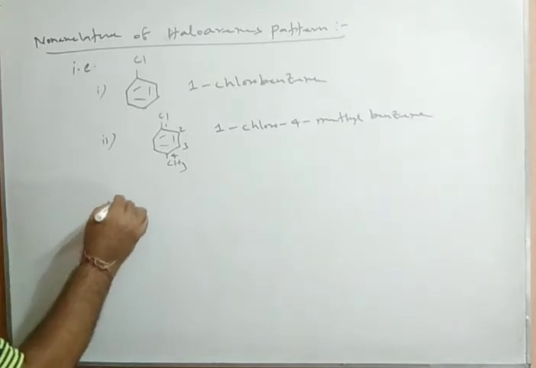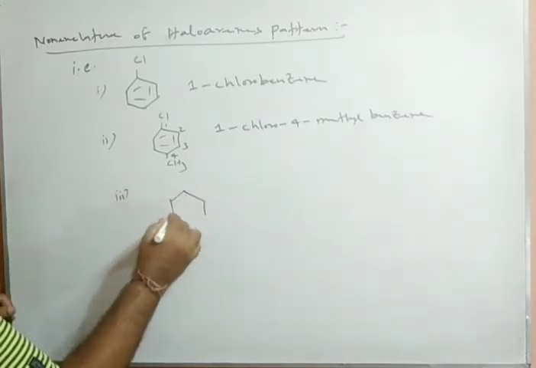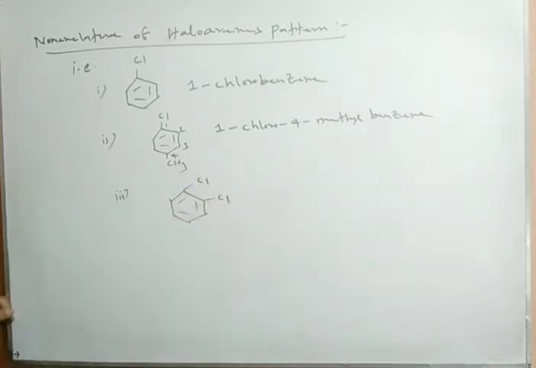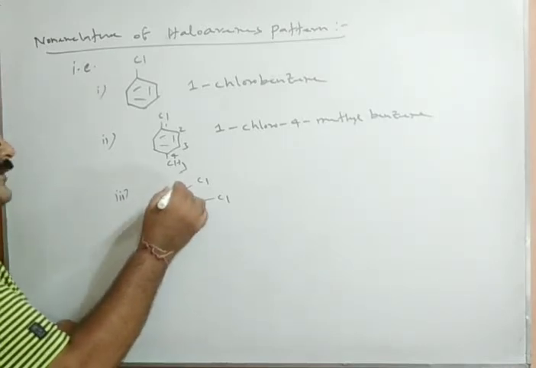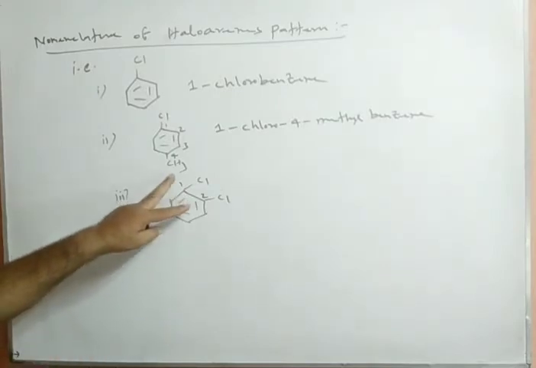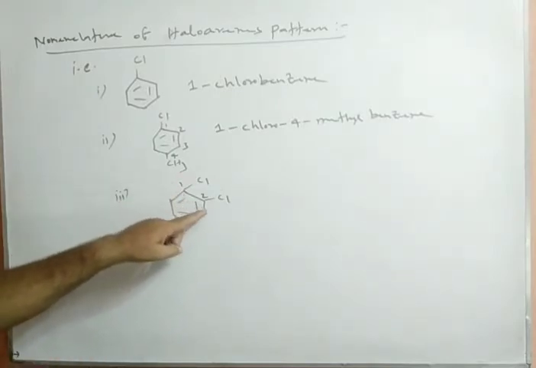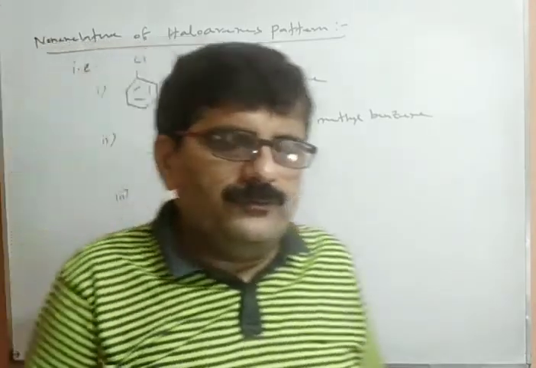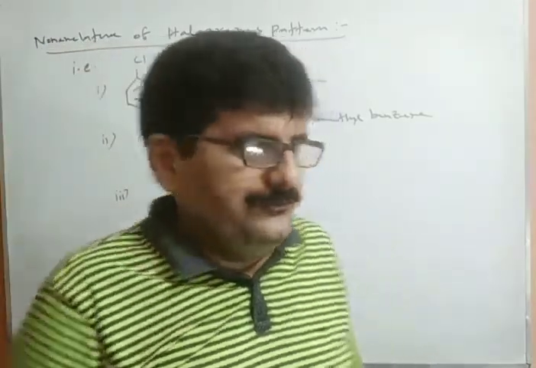Third one, suppose 2 chlorine are present in the benzene nucleus and both chlorine are very near to each other, that is 1 and 2 position. Then commonly you can say what? This position is called what? Ortho position.